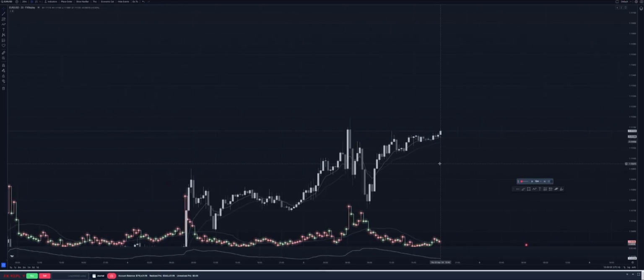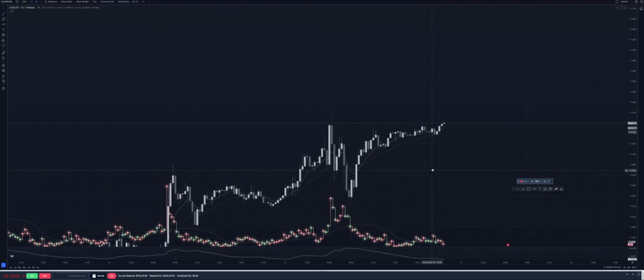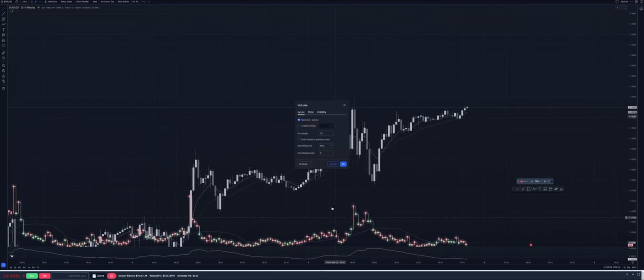Waiting for 1800. Money flows in, hopefully right about now. If anything, I'm gonna add an MA to my volume here because I think it's very important. We'll do, should I do a regular MA? How long do I want it? I have to think about this, hang on. Maybe like 6?